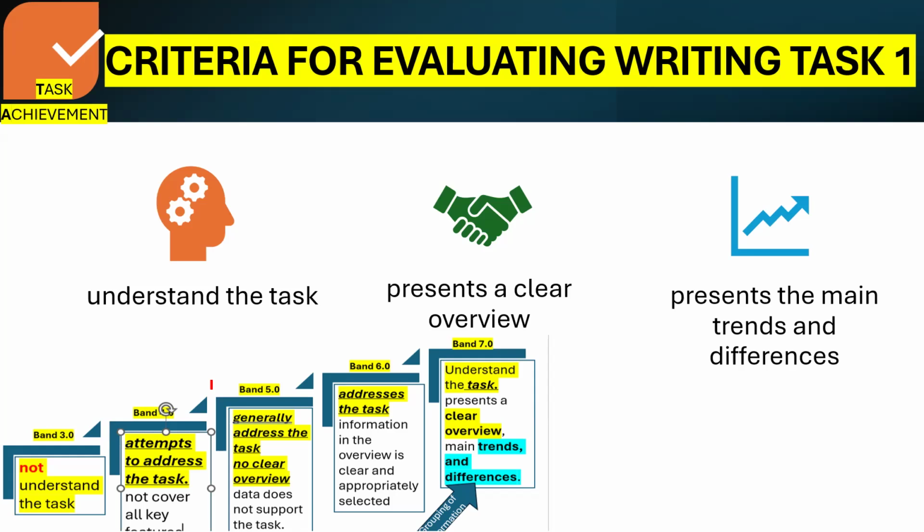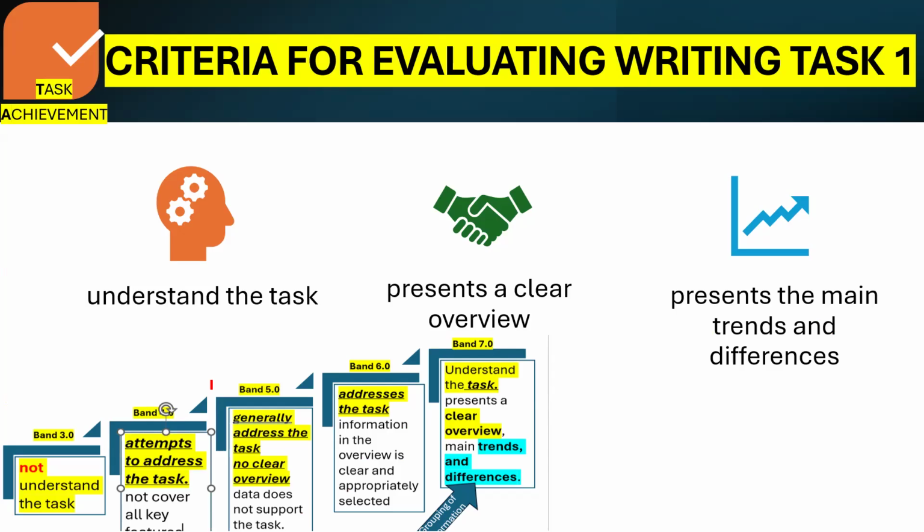So again, for data essays, in presenting a clear overview, we must identify what's most obvious in the graph. And to do that, we have to identify the group that shows the same pattern. When we say the same pattern, it means a pattern of increase, a pattern of decrease, fluctuation, highest or lowest.